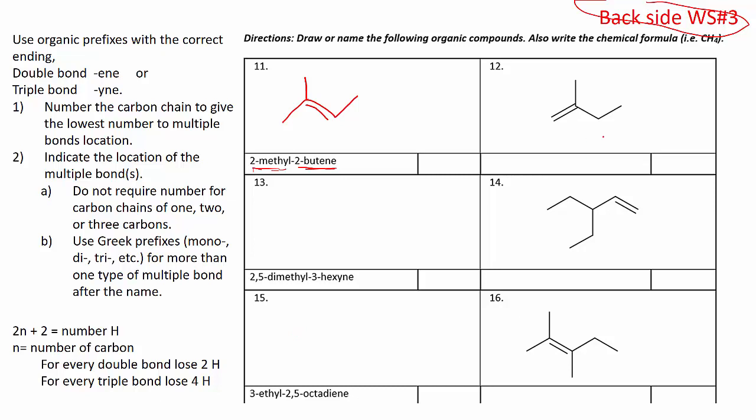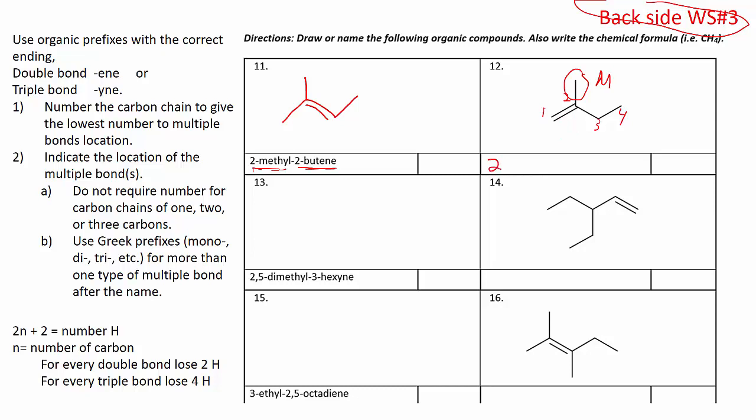On our next one, looks a little bit similar, but we're going to start numbering our carbons here. 1, 2, 3, 4. So it goes through this double bond first instead of over to the side there. So 1, 2, 3, 4 is our longest carbon chain. We have over here a methyl group and that double bond. So we need to first off locate where that double bond is, off the first carbon.